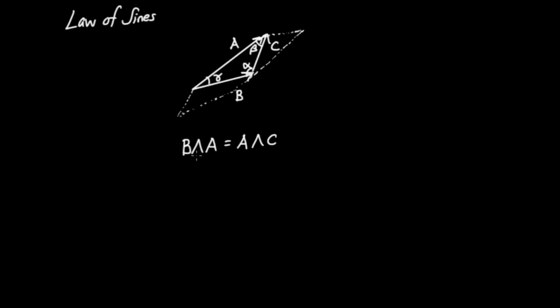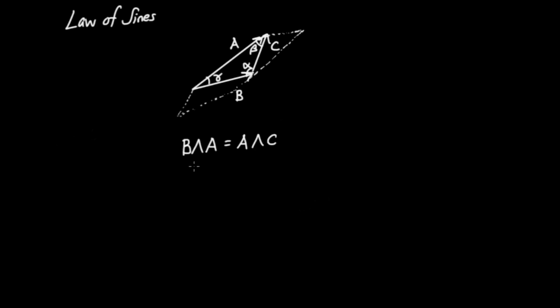What this equation implies is that if I construct a parallelogram using B and A as the sides, that parallelogram has to have the same area as a parallelogram constructed using A and C as the two sides. The parallelogram constructed using B and A as sides is going to be this parallelogram here, and if you construct the one using A and C as sides, that's going to be this parallelogram here. What this equation is saying is that those two parallelograms have to have the same area.